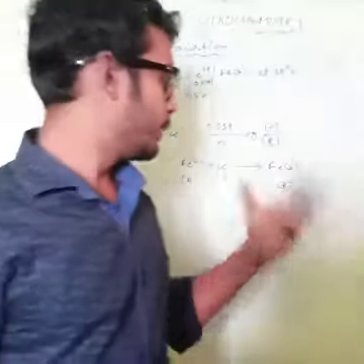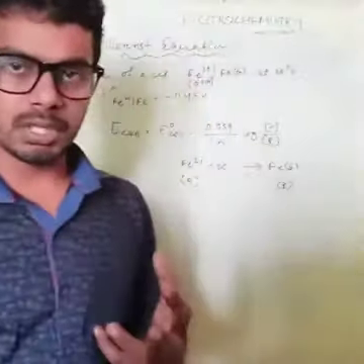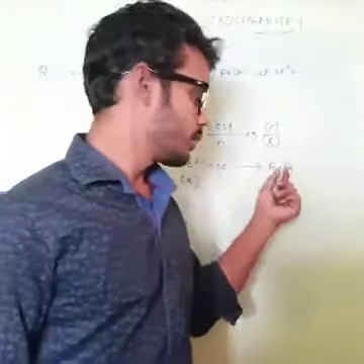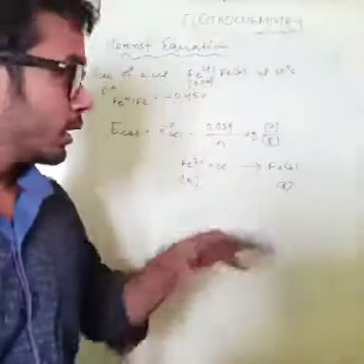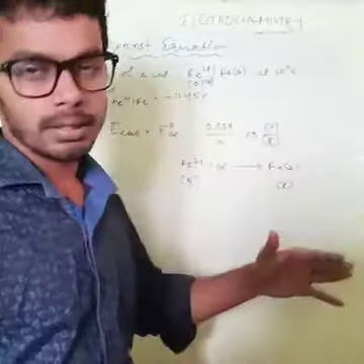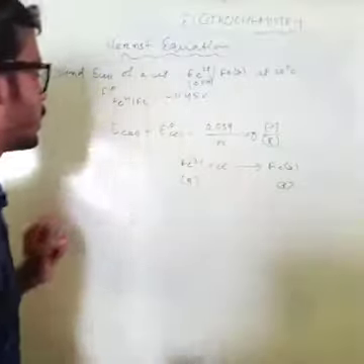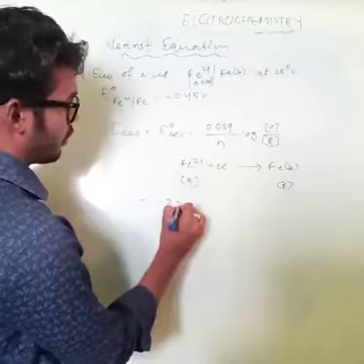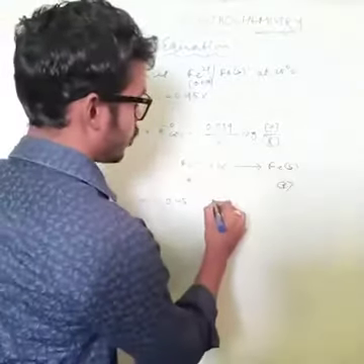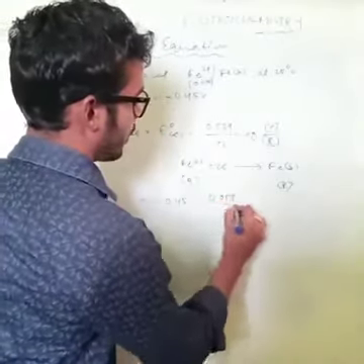Always remember that elements in their free state, like solid iron, have concentration 1. E naught cell is given as minus 0.45, so minus 0.45 minus 0.059 by n.